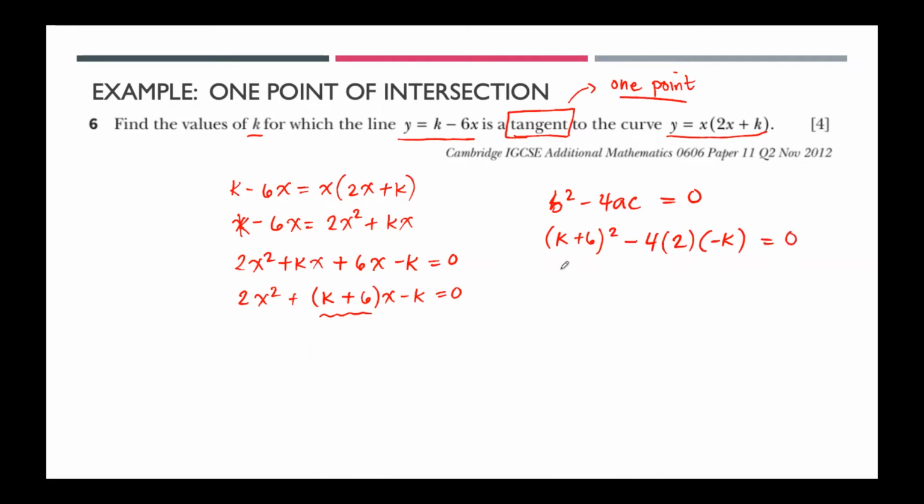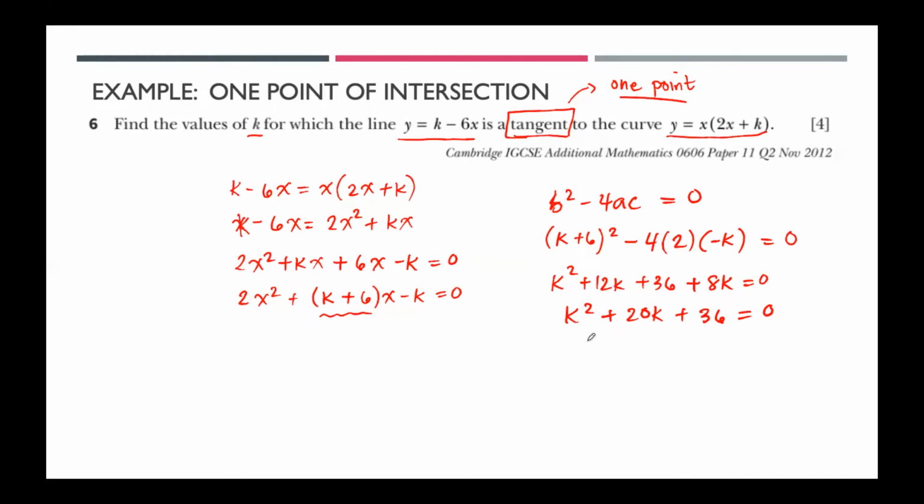So how much is this? This is k squared plus 12k plus 36, and this is plus 8k is equal to 0. It can be simplified as k squared plus 20k plus 36 equal to 0.